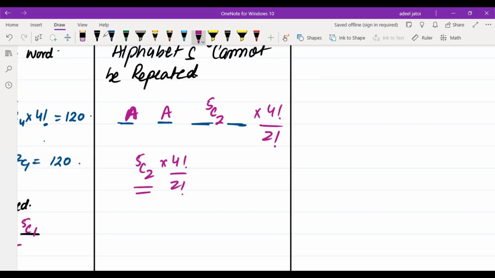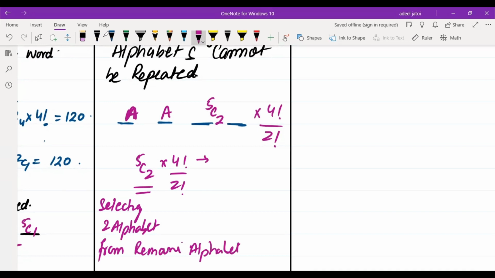This 5C2 is for selecting 2 alphabets from the remaining alphabets. Do you agree? Then this 4 factorial is for movement of 4 alphabets. That means you are arranging them.